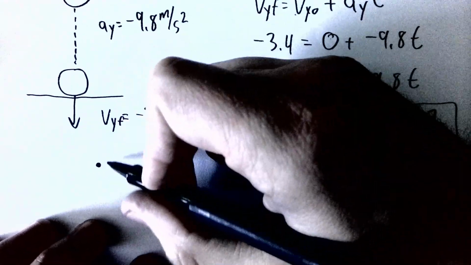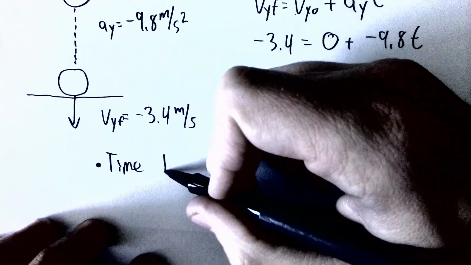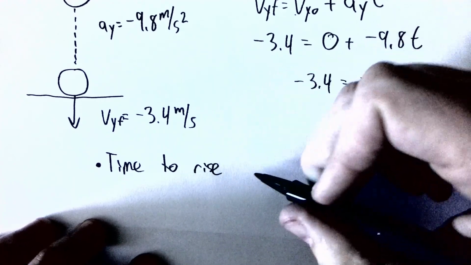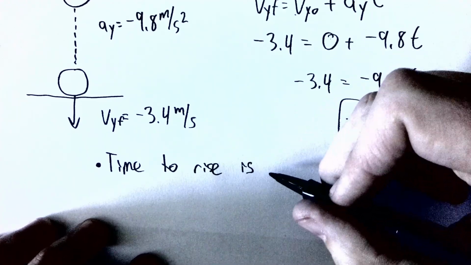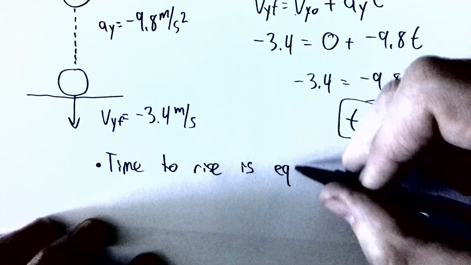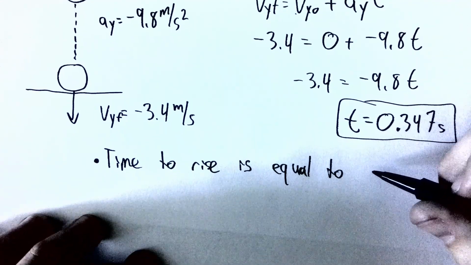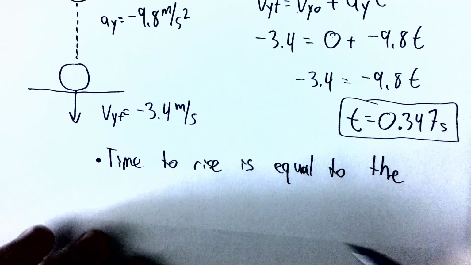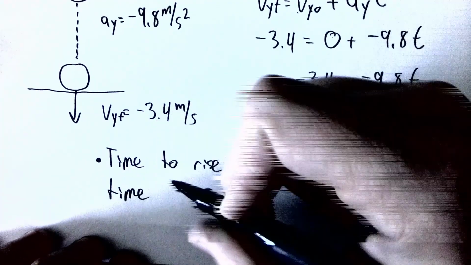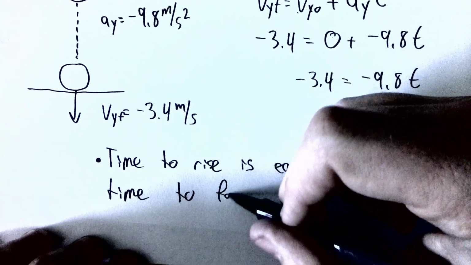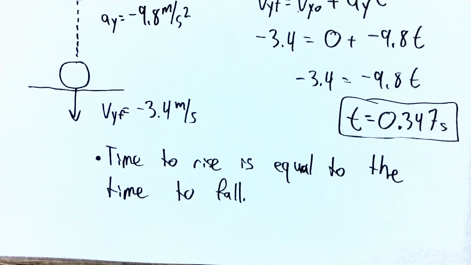Here's how we can say it. Time to rise is equal to the time to fall. So time to rise equals time to fall. That's something to memorize.